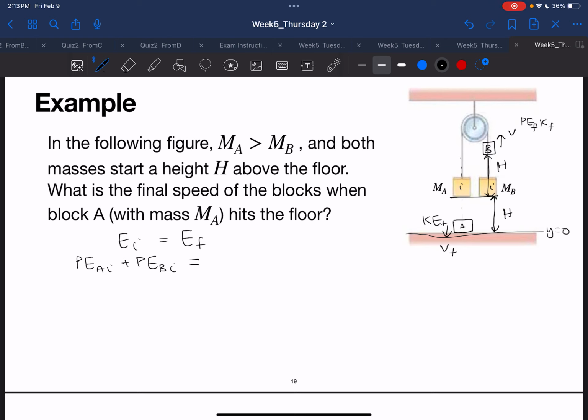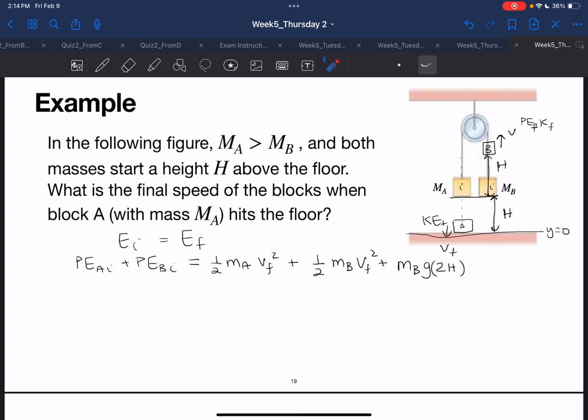So first, let's write the kinetic energy of block A, which is 1/2 mA V final squared. Then the kinetic energy of block B, which is 1/2 mB V final squared, plus the potential energy of block B, which is mB g 2h, because it's now twice the height off the ground.